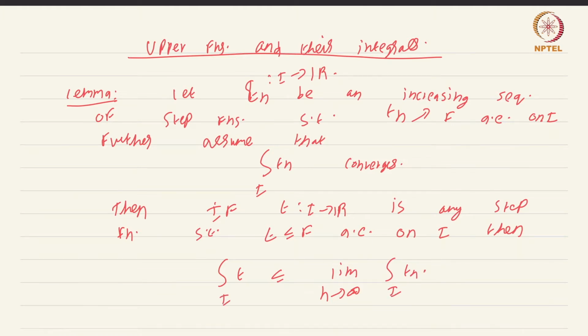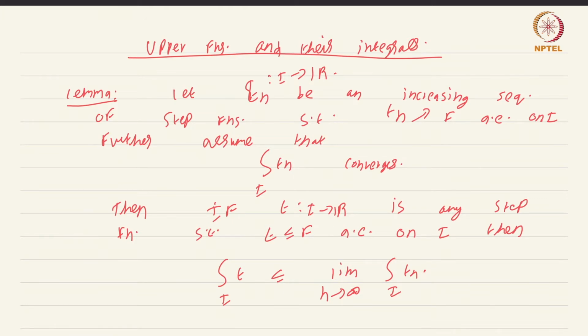So this is a somewhat technical sounding lemma, but this will be the basis for the definition of the integral of the upper functions. What it is essentially trying to say is the following. If you have a sequence of step functions that increase to a given function, then no step function that is less than or equal to the limit function can have a greater integral.